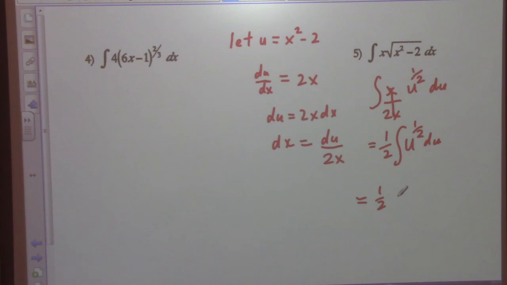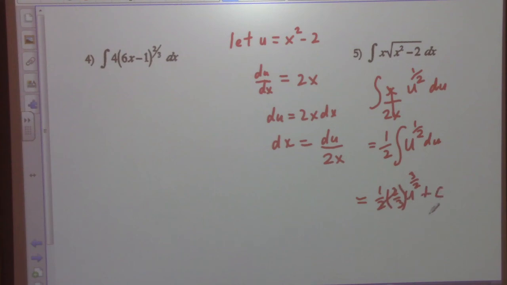What's our integral of u to the 1/2? You need to add 1 to this. What does 1 add to 1/2? 3/2. Divide by 3/2, which is the same as multiplying by 2/3, right? And so the two will cancel.